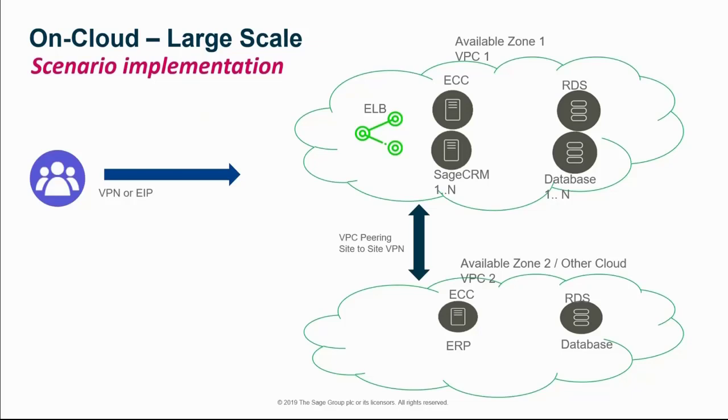In the event of integrations with servers hosted in different availability zones within the same cloud provider, VPC peering can be established to enable cross-availability zone communications. A site-to-site VPN can be established for different cloud providers, for example Azure and AWS, to create a single virtual environment that caters for different needs or integrations.